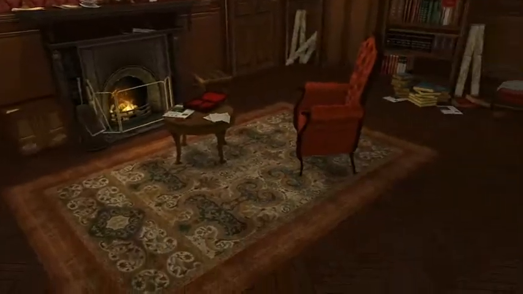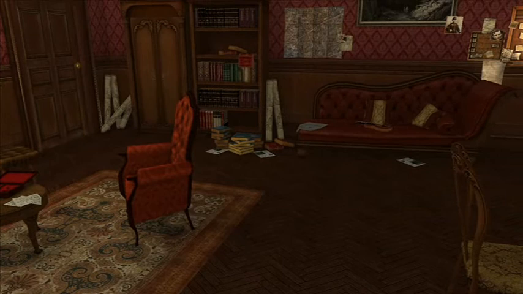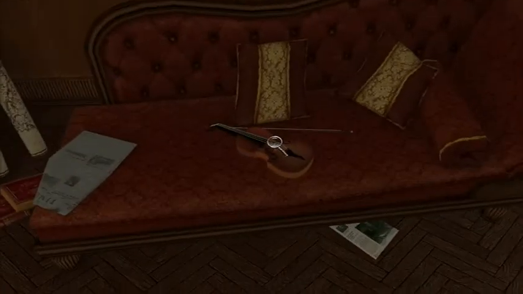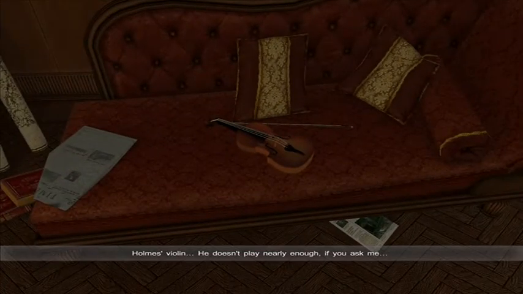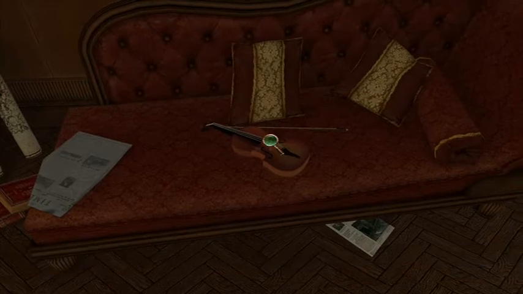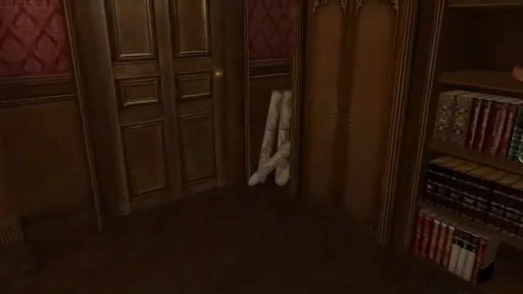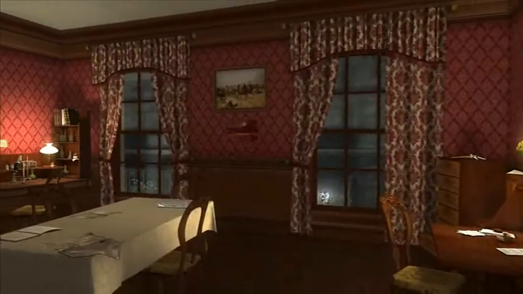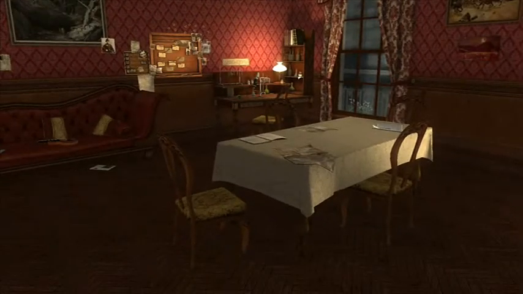Now, before I go, let's talk a little about this recording I'm doing at the moment. I am... Holmes's violin. He doesn't play nearly enough, if you ask me. I'm going to be forced to do some extra recording because I'm going to be traveling away for a couple of days and I want to have something. So I'm going to record a pretty lot.